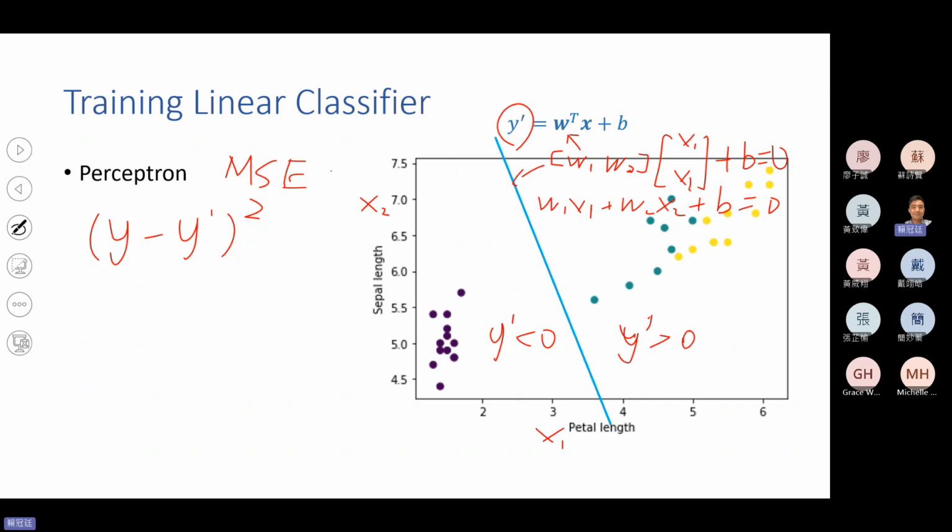We have only one y per sample, but we have multiple training data, multiple x. So we sum the squares and divide by the number n. We have multiple samples, right? Multiple flowers. So we have multiple predictions, and we just calculate the mean of the square error.